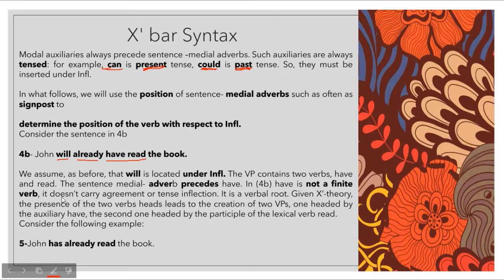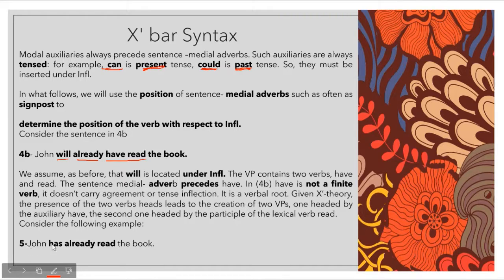Given X-bar theory, the presence of the two verbs leads to the creation of two VPs, one headed by the auxiliary have, the second one headed by the participle of the lexical verb read. Consider the following example.